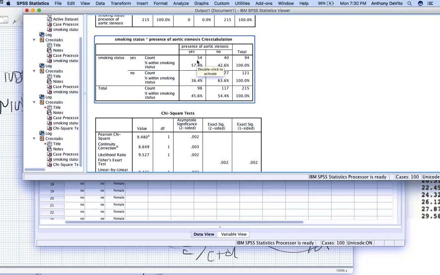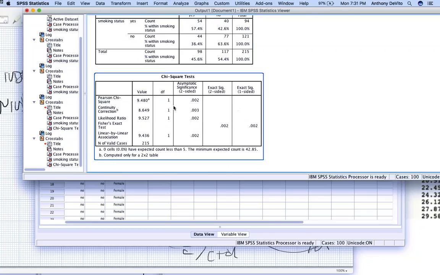That comes from 54 over 94, and no aortic stenosis for non-smokers, 44 out of 121, came out to be 36. So my relative risk is 57% divided by 36%. My odds ratio is going to be 54 over 40 divided by 44 over 77.